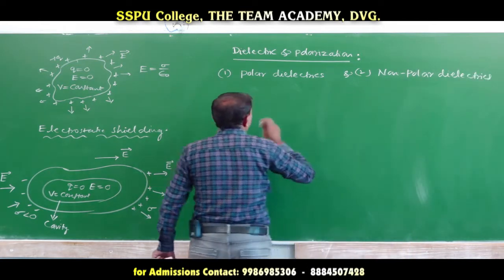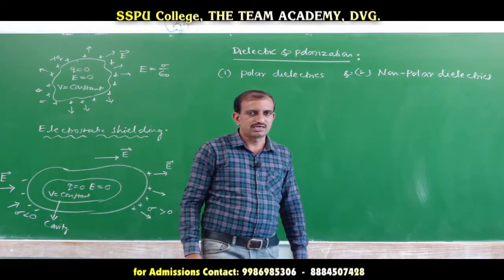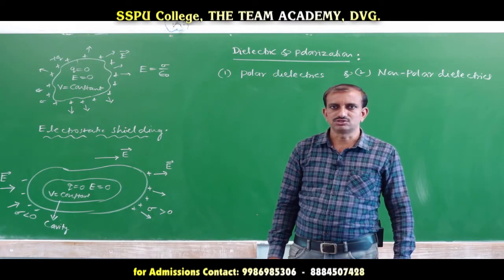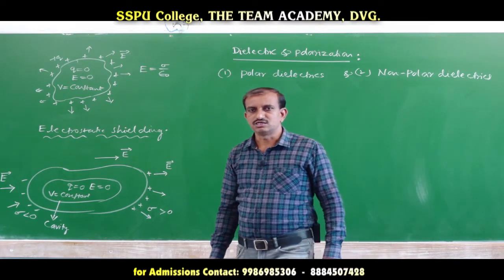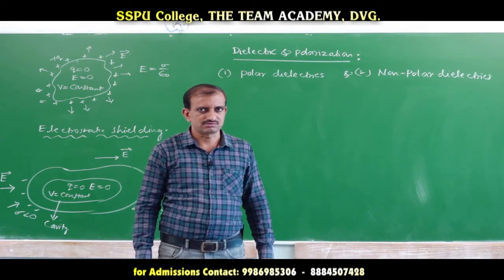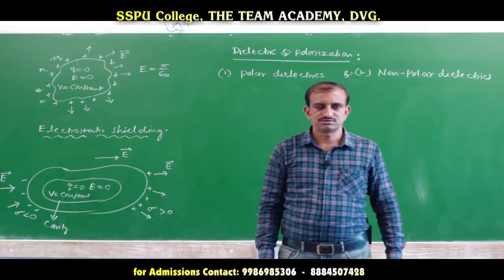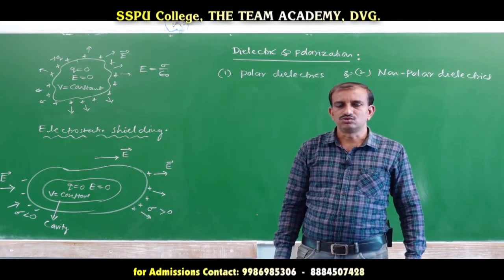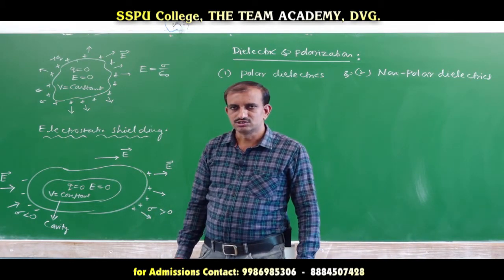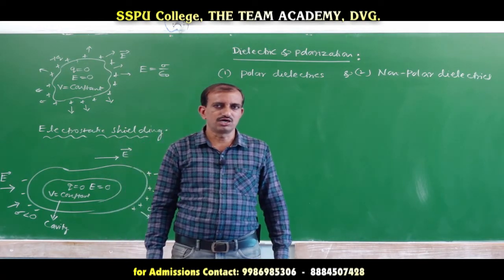What are polar dielectrics? Polar dielectrics are dielectric molecules in which the center of positive charges and the center of negative charges do not coincide with each other. Such a molecule is called a dielectric polar molecule.